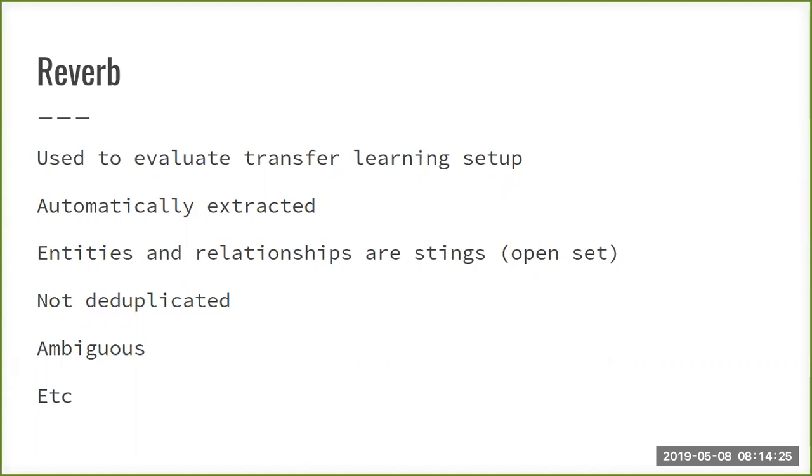It's basically automatically crawled facts, with entities and relationships as strings, so they were created by a robot pretty much. Not deduplicated and ambiguous, and it has all the other problems that could arise from automatically crawling things.